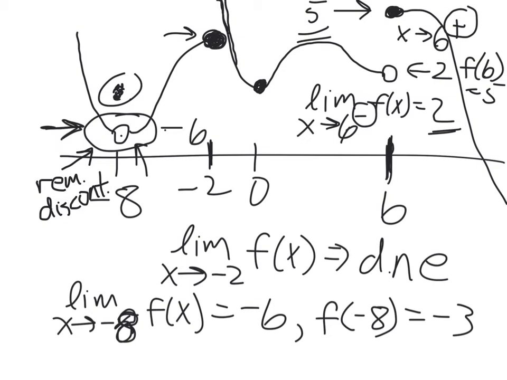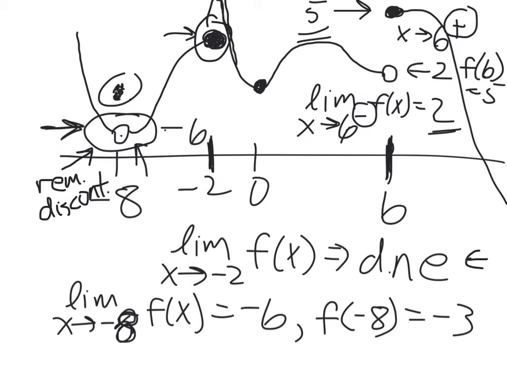Where would we find other discontinuities? Okay, at -2, we talked about that already. With the limit does not exist, so immediately we can say we have discontinuity there. So one of the conditions of continuity is the limit has to exist.